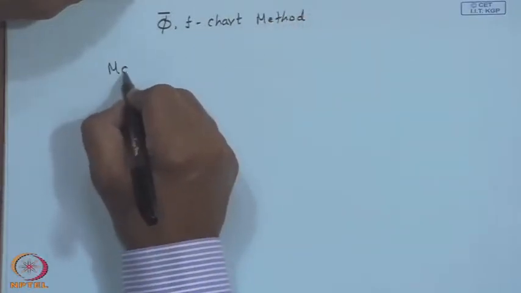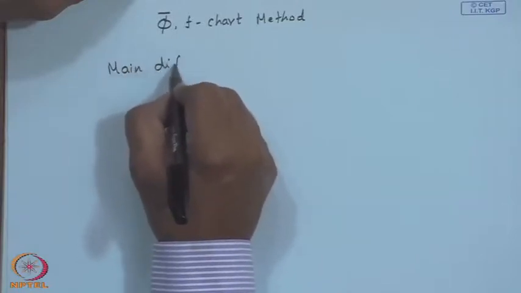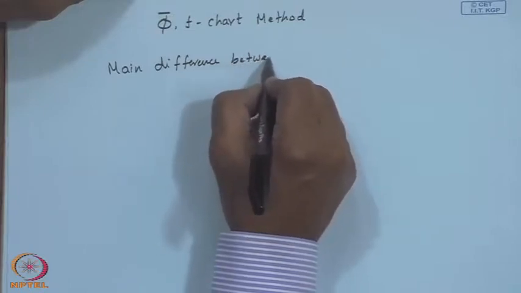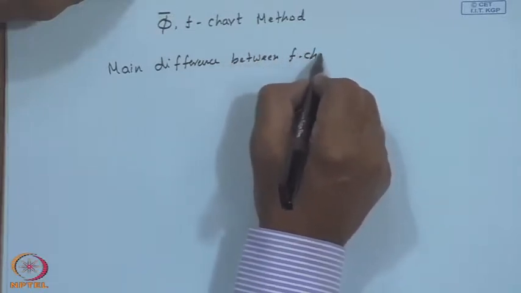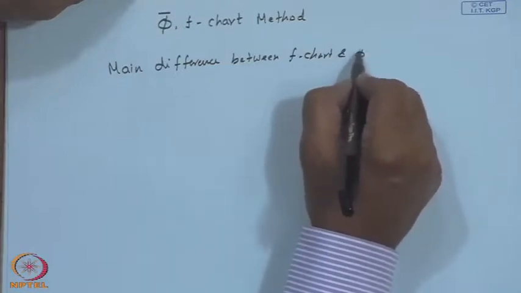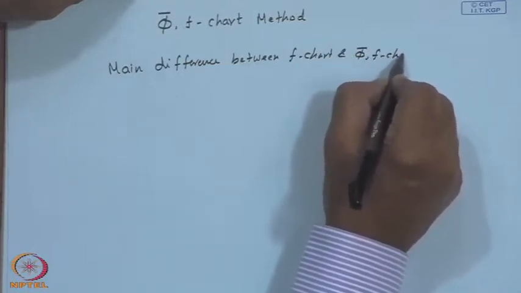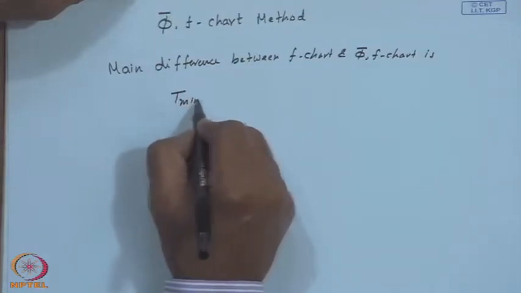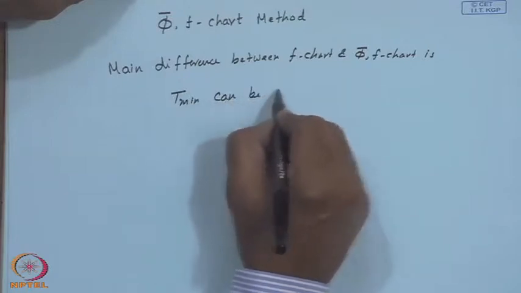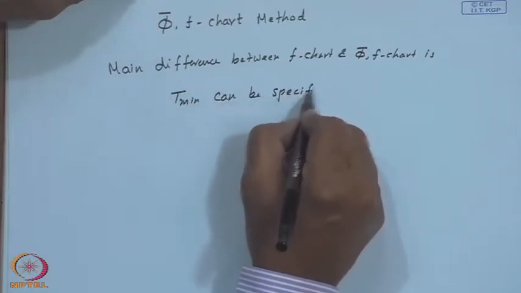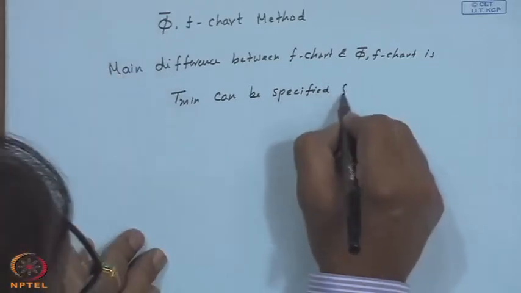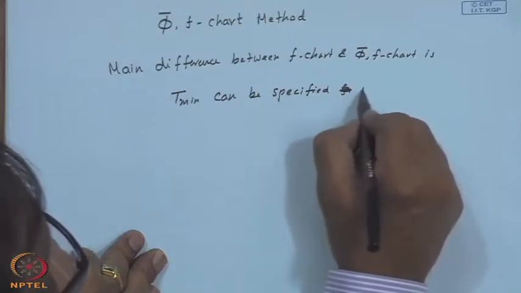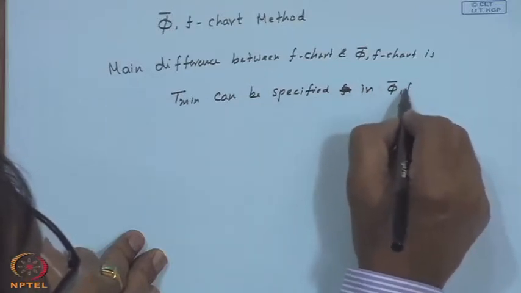Main difference between F chart and phi bar F chart is T minimum can be specified in phi bar F chart method.